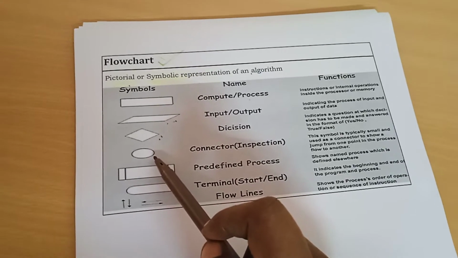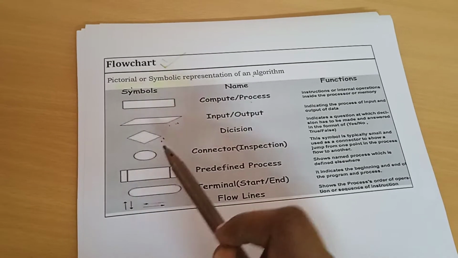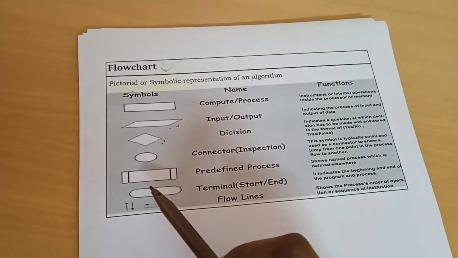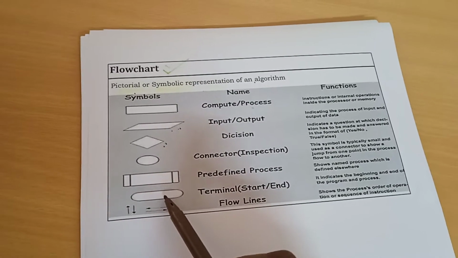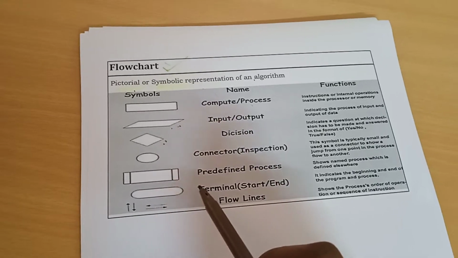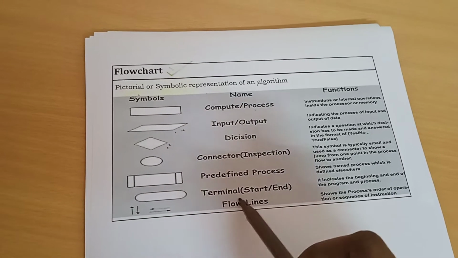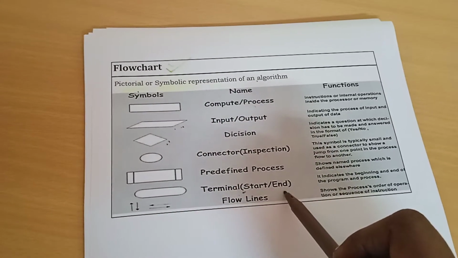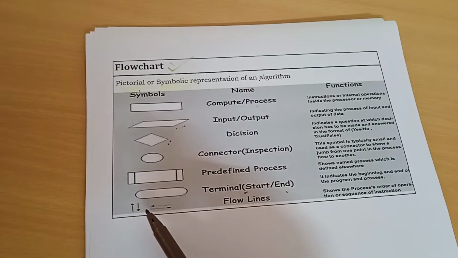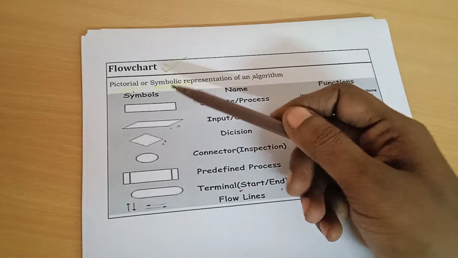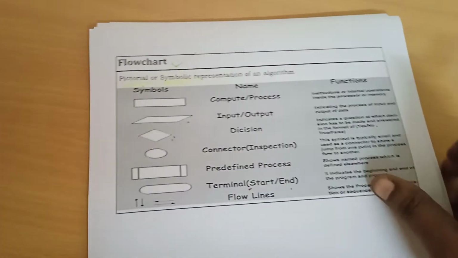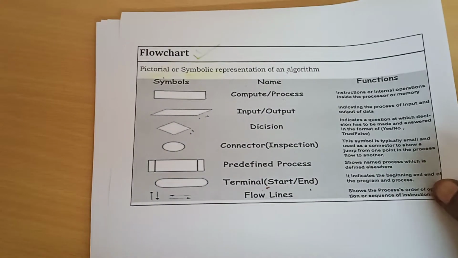Connector means we'll be linking two different flowcharts together, and this is for predefined process. And this is the oval shape or oval symbol which indicates the terminal, to start the flowchart and to end the flowchart. And these are flow lines to represent the flow of data from one step to the other step. So these are the symbols of flowchart.